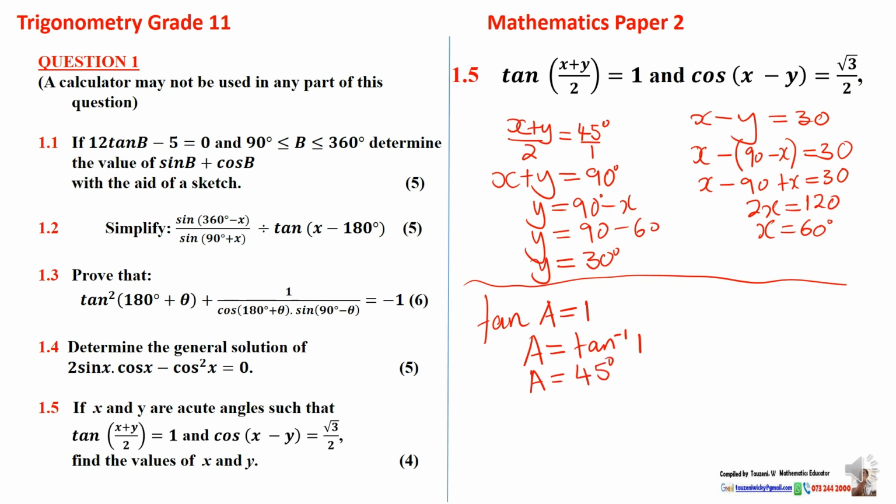In the first equation, we did exactly that. Using a calculator, we can determine the value that we need, and that is where our 45 comes from. So by now we have answered the whole question from 1.1 to 1.5. This is a good example of a trigonometric examination question at grade 11 level.